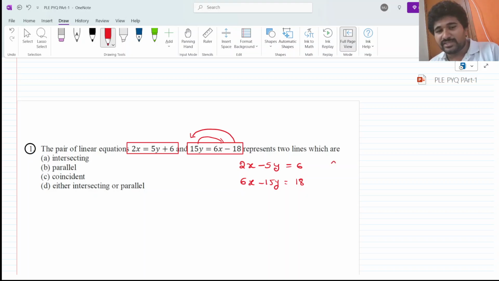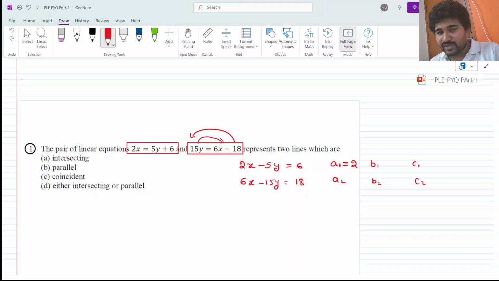Now you write what is a1, what is a2, what is b1, what is b2, what is c1 and what is c2. a1 by a2, what is a1 value?